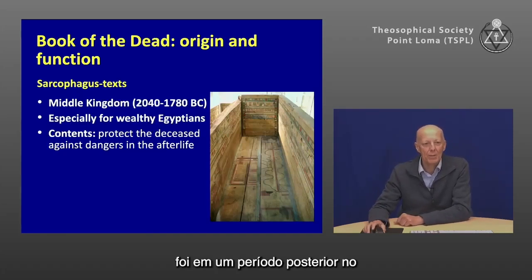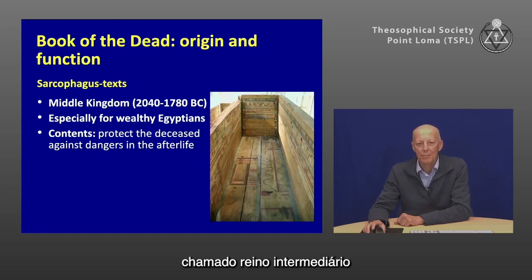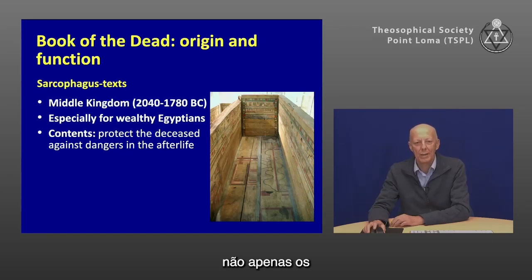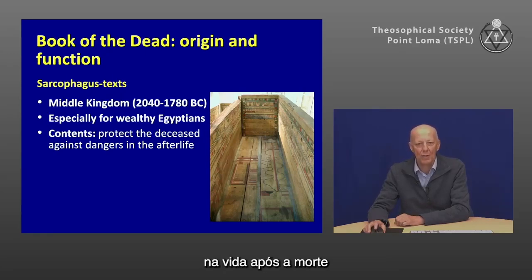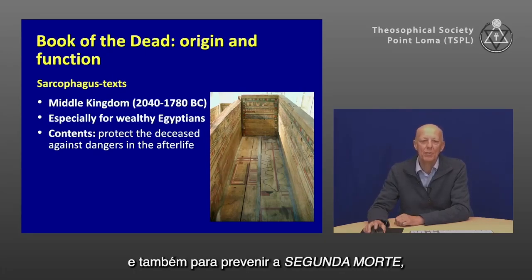It was in the Middle Kingdom, when these texts were written on the inside walls of sarcophagi, where not only pharaohs but also rich Egyptians were buried after their death. The content of these texts was spells, mainly meant to protect the deceased in the afterlife, and also to prevent the dying of a second death.